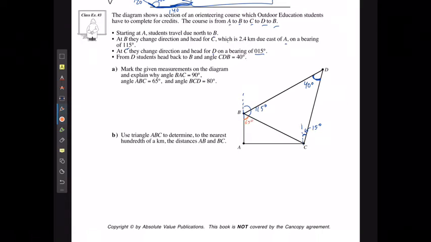They're supplementary. The second thing that I know is that this is going to be a 90-degree angle, which means that I could say that the total angle at C from A to C to D going all the way through here is going to be an angle of 105 degrees.